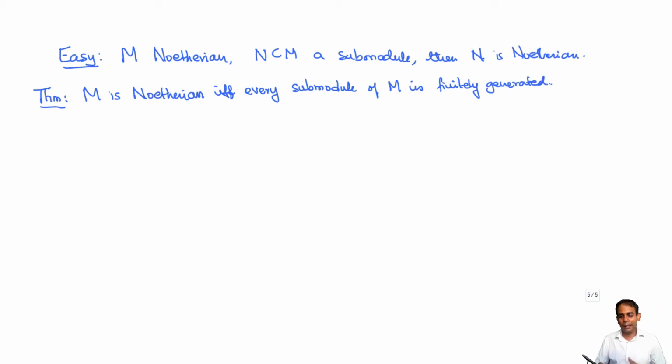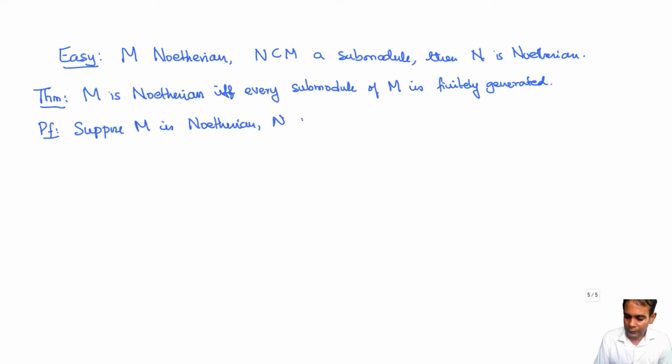So not only is M finitely generated, every submodule of M should also be finitely generated. Proof: if M is Noetherian and N is any submodule, let's prove that the submodules are finitely generated. So suppose M is Noetherian and N is any submodule. Then of course N is Noetherian.